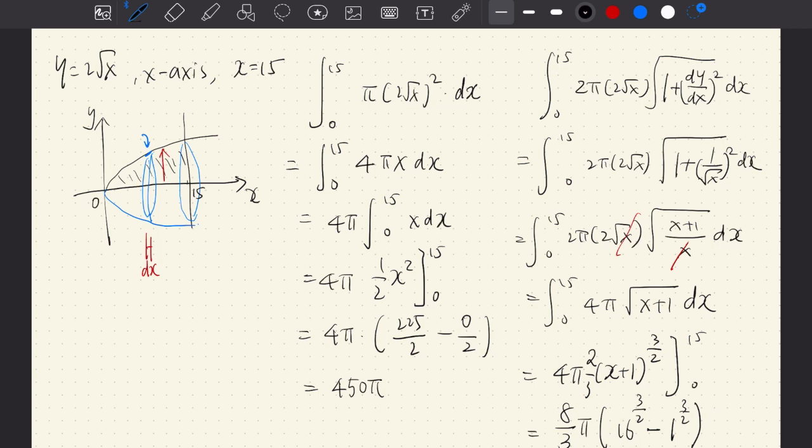Because this is the 3 over 2 power, you should take the square root and then cube it. So this is 4 to the 3rd minus 1 to the 3rd, which is 8 over 3 pi times 64 minus 1, which is 63. Cancel this out and get 21, and eventually you get 168 pi.